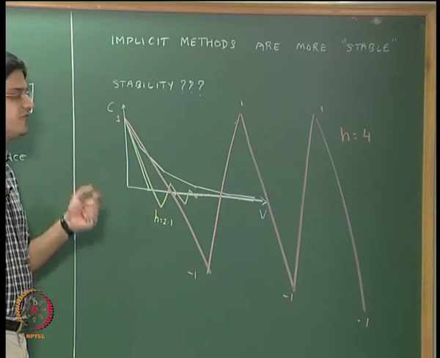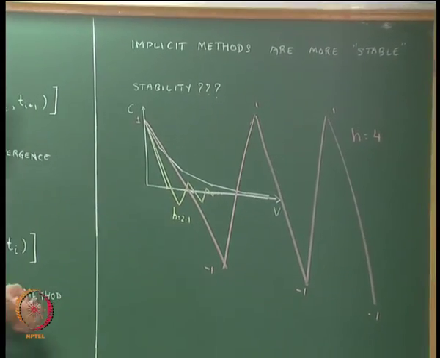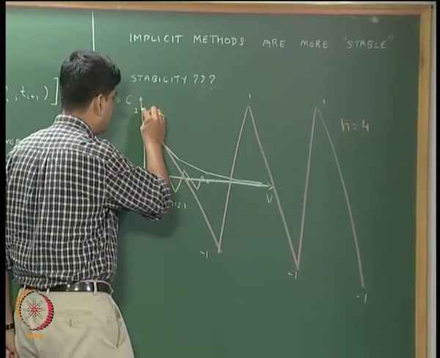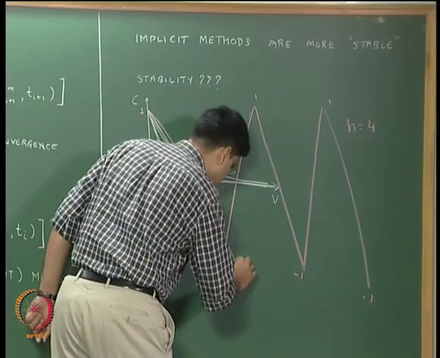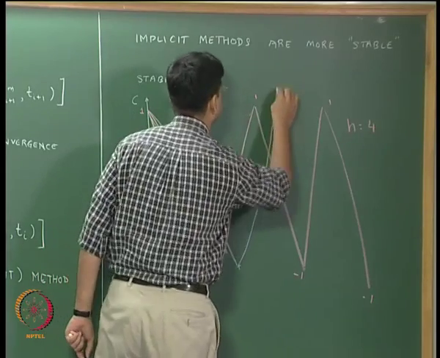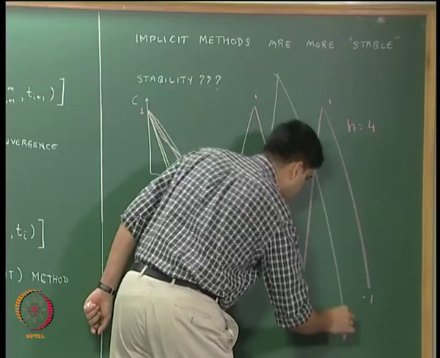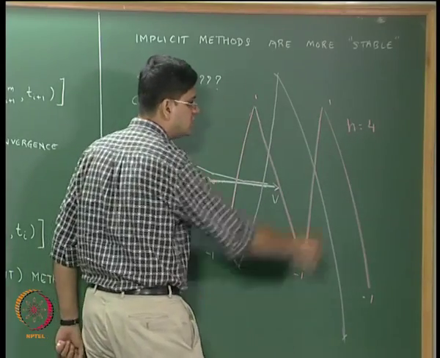Now what do we get when h is increased to beyond 4? What we get is this particular value goes beyond minus 1, the next value goes beyond 1, the value after that goes even below minus 1, so on and so forth.